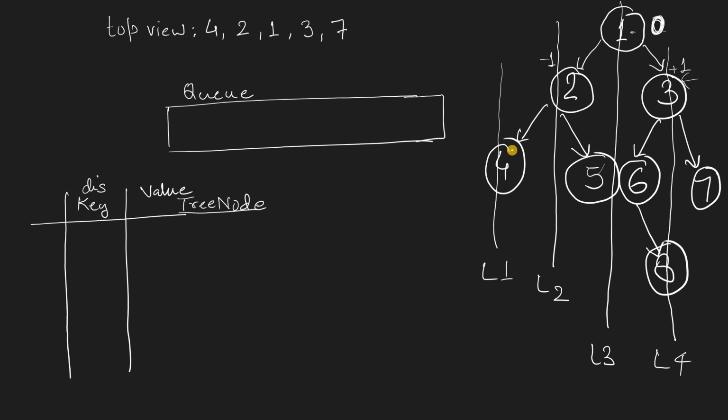Likewise for 4, we'll take the parent node distance, which is -1, and add -1 to it, so this will become -2, and this will become 0. This will again become 0, and this will be +2. For this one, this will become +1, right?